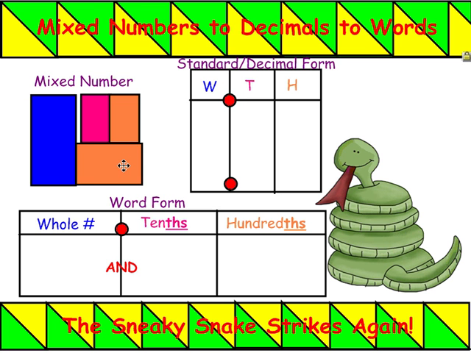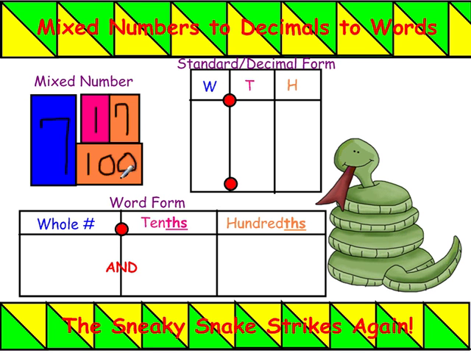We know that the bottom is 100, so let's start with our mixed number just like we did earlier. So let's say we're going to say 7. We know our denominator is 100. That's what we're going to use right now. And let's say that we have 17 out of 100. So our mixed number would read 7 and 17 hundredths.